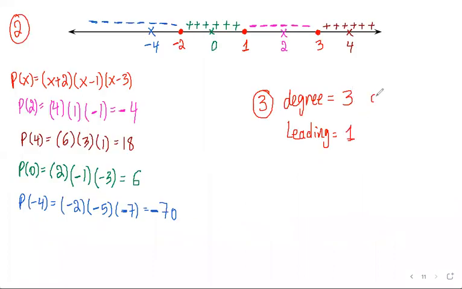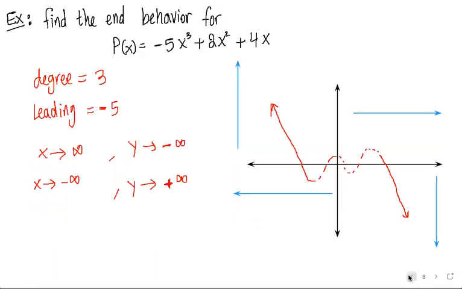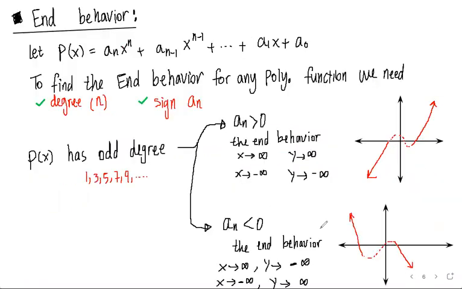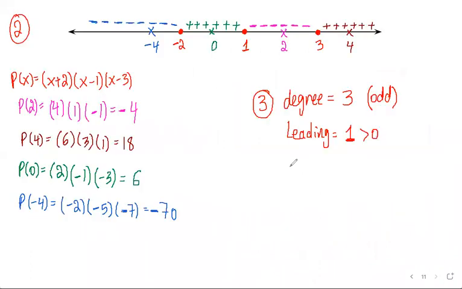So the degree is odd, and the 1 is positive, greater than 0. So odd and greater than 0: when x goes to infinity, y goes to infinity. When x goes to minus infinity, y goes to minus infinity.